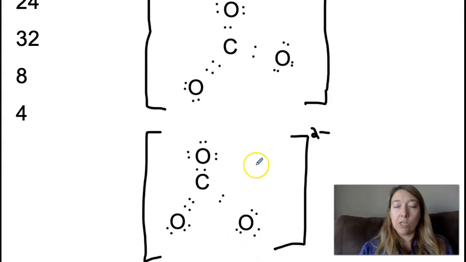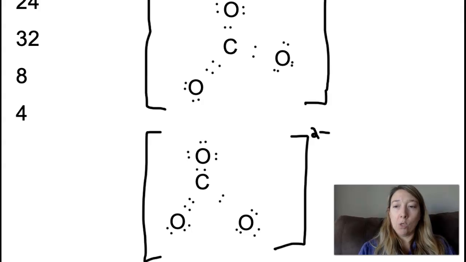Either in your diagram, you're missing one and it should be paired, or when you did your number counts of how many valence electrons, you miscounted the number, and you need to go back and double check that, because everything should be paired, everything should have a full valence shell, and you should have the exact number of dots as valence electrons you calculated at the beginning of the question, okay?